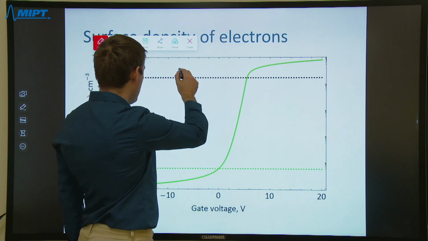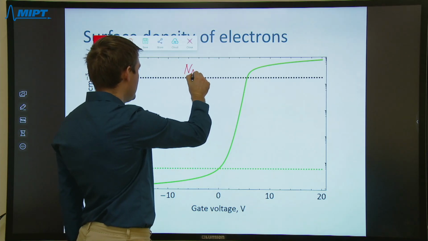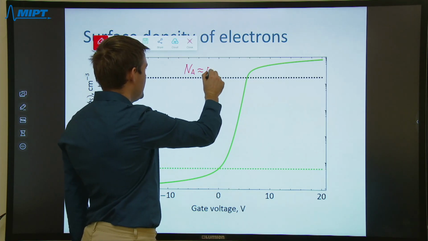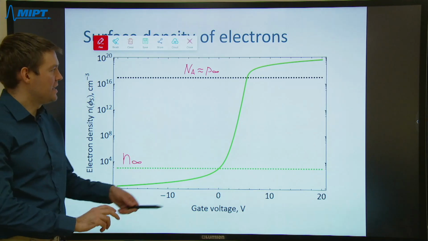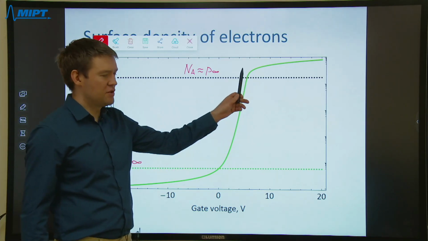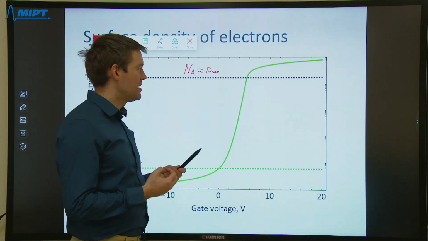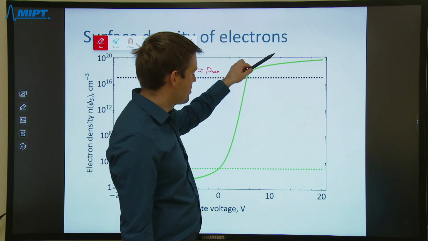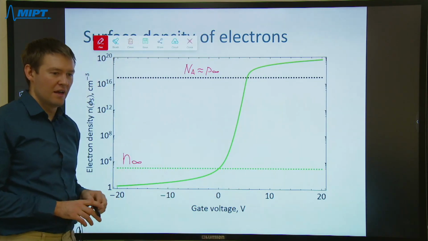And at some point, the density of electrons becomes comparable to the density of acceptors and the density of holes deep in the substrate. And at this point, the transistor gets into its on state. The number of electrons becomes high, and they start screening the external potential quite strongly.